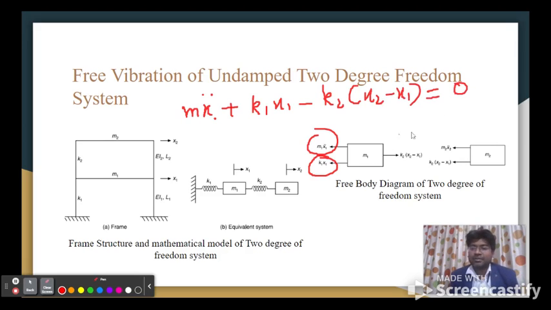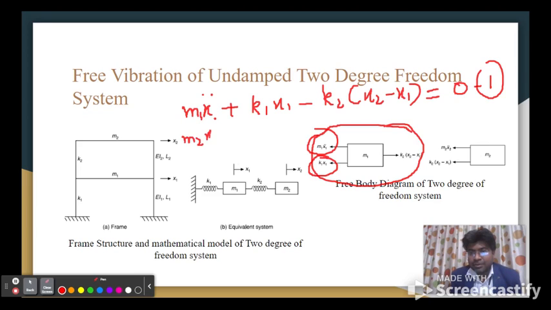This is your equation number 1. Now for equation 2: m2 x2 double dot plus k2 times x2 minus x1 equals 0. This is your equation number 2.